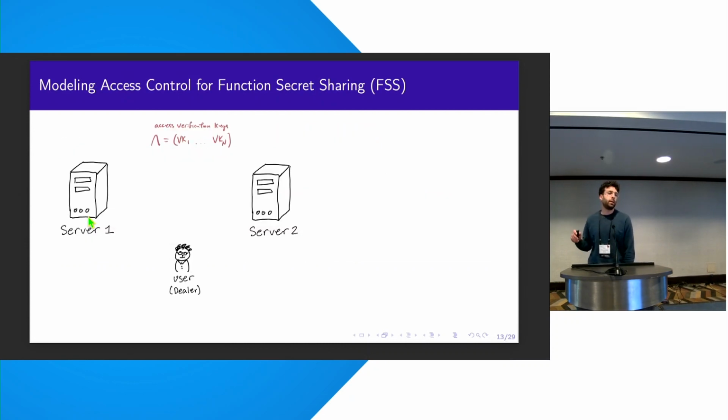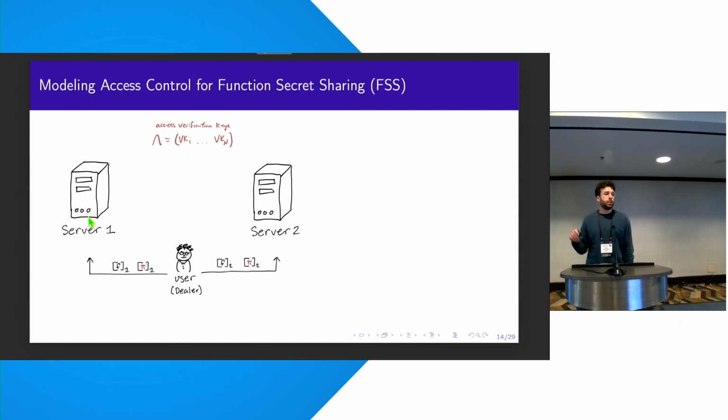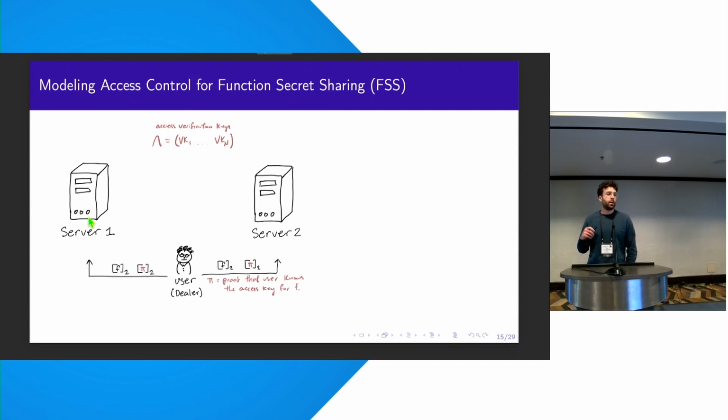So again, visually, here we have the user that will secret-share the function as before, but now the user will also send secret shares of a proof pi. This proof will essentially say that the user has access, or knows the correct access key, for the function that is being secret-shared.